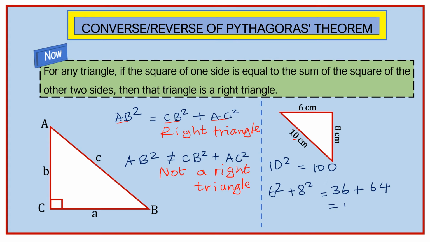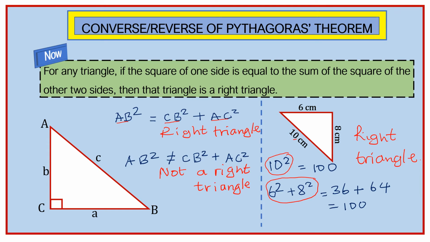And still, it will give us 100. Now, you see that 10 squared is equal to 6 squared plus 8 squared. Then it means that this is a right triangle. It is a right triangle.